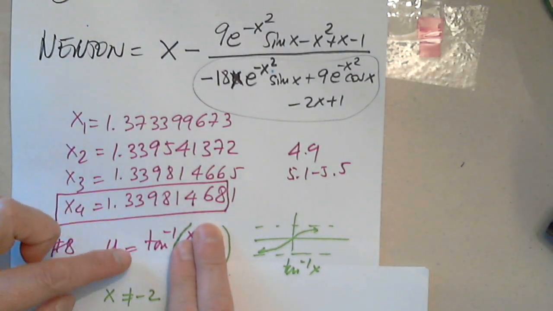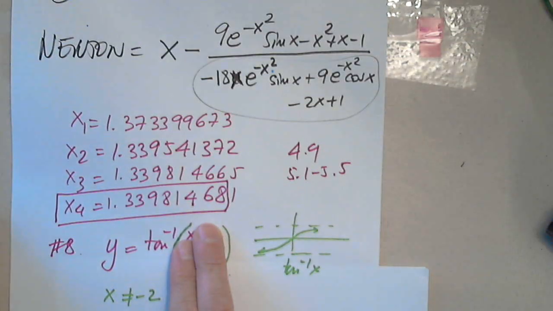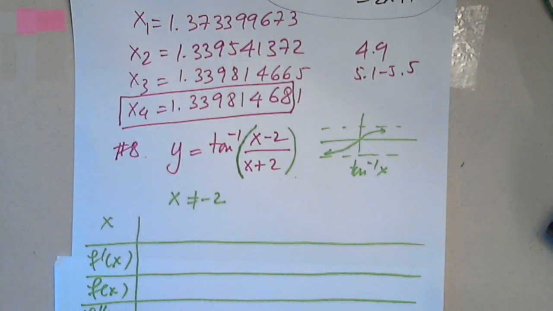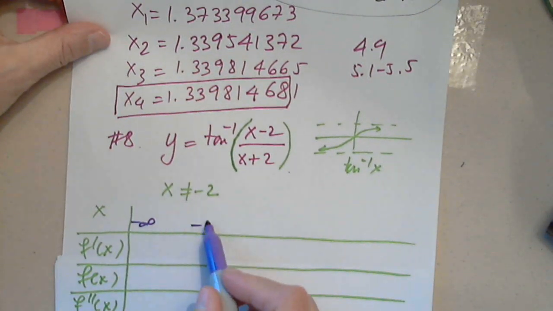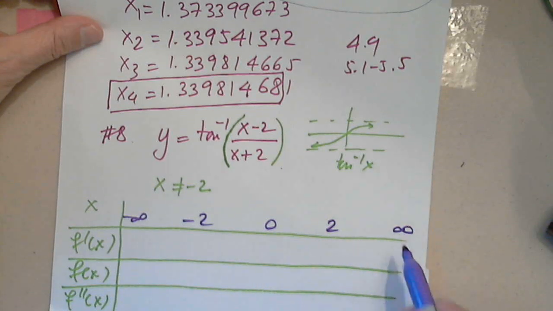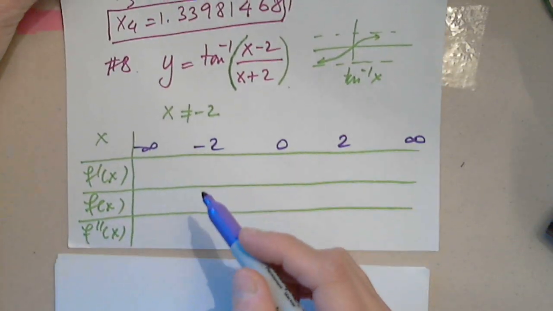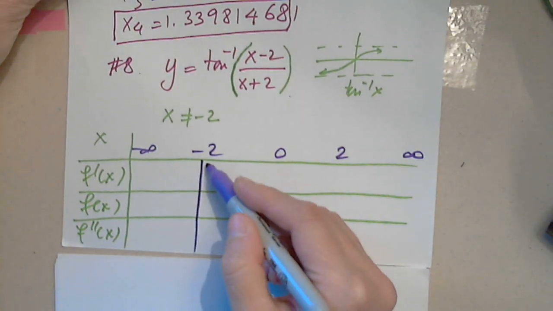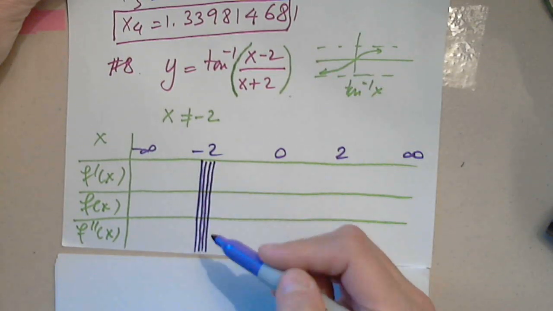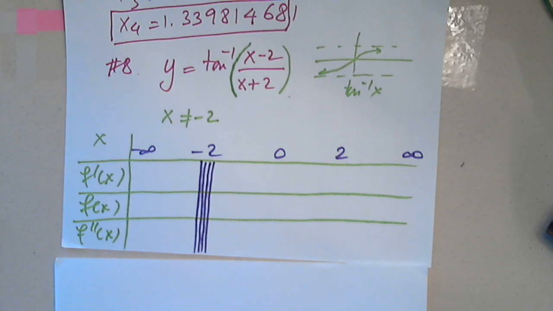For any other number, arctangent will exist, but negative 2 is a problem. So then negative infinity, negative 2, 0, and of course 2, in a moment you'll see why. If the function is undefined at negative 2, so will the first and the second derivatives.